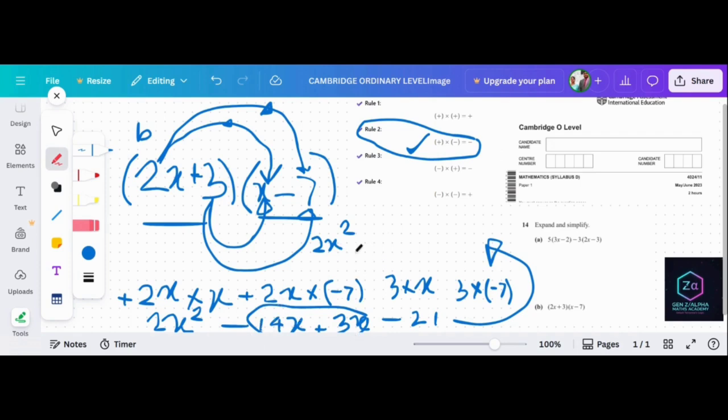The sign should be minus because the minus value has the higher magnitude. So we can write minus 11x, right? The last one remains as it is, 21. Very simple question.